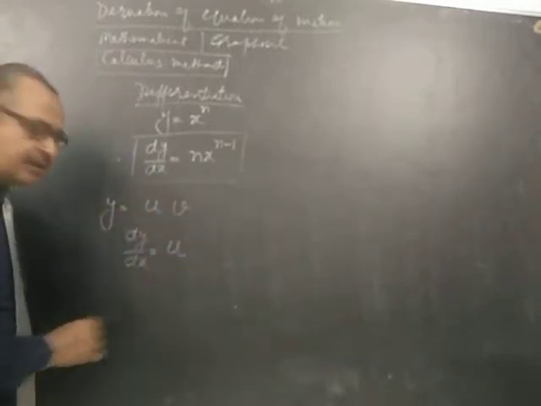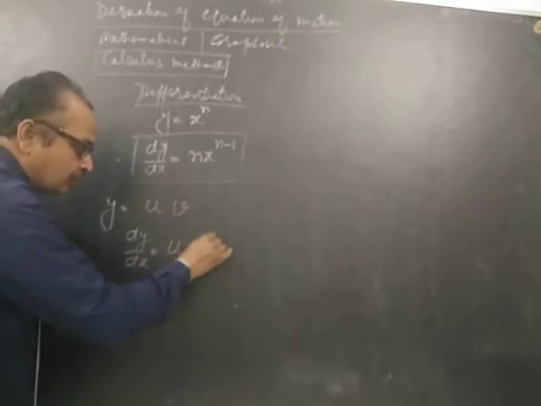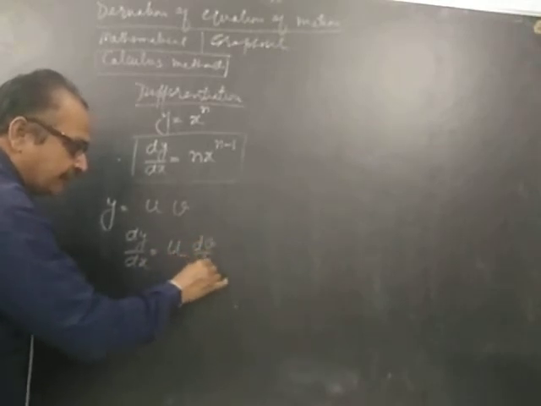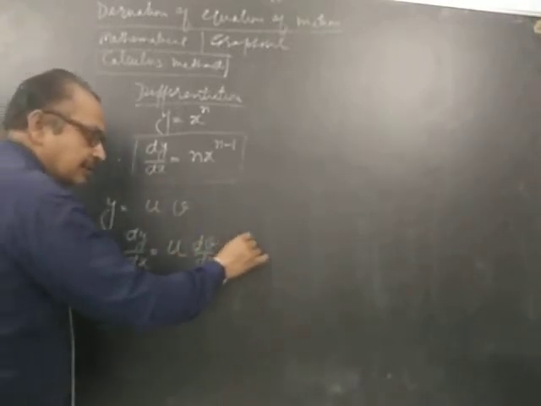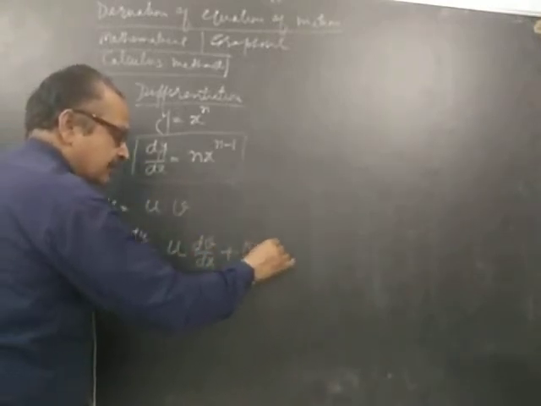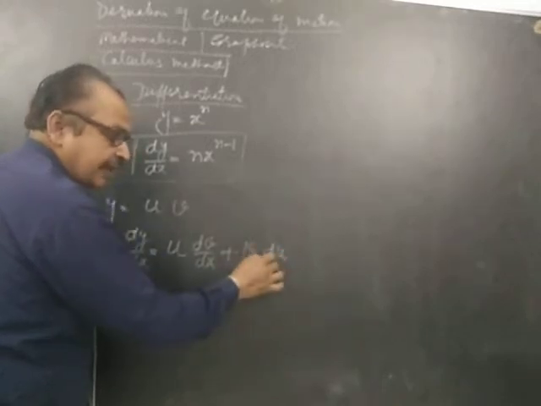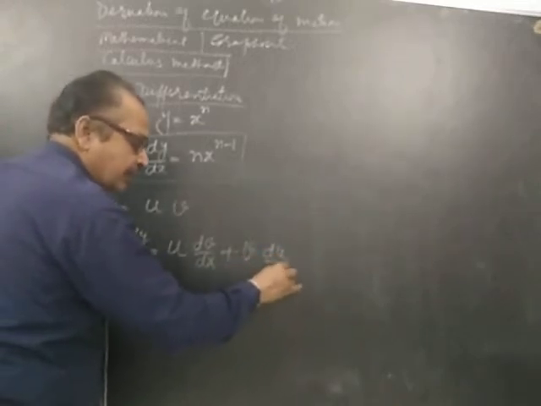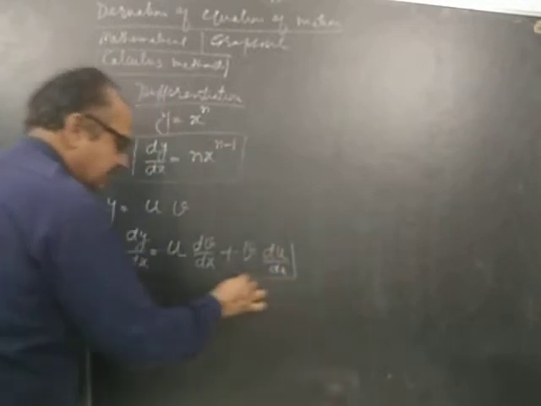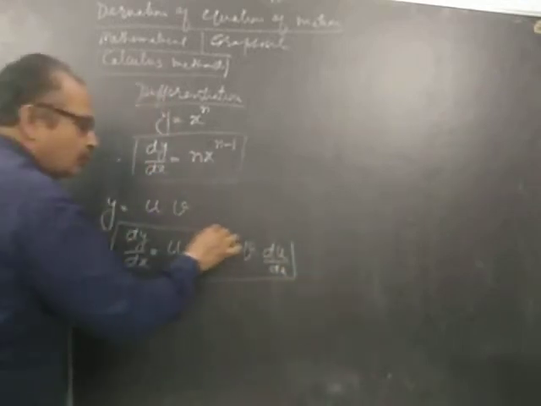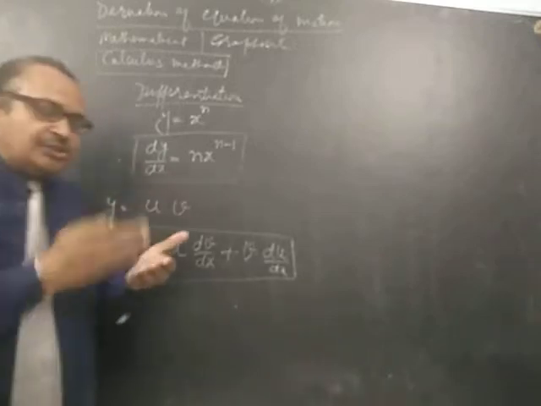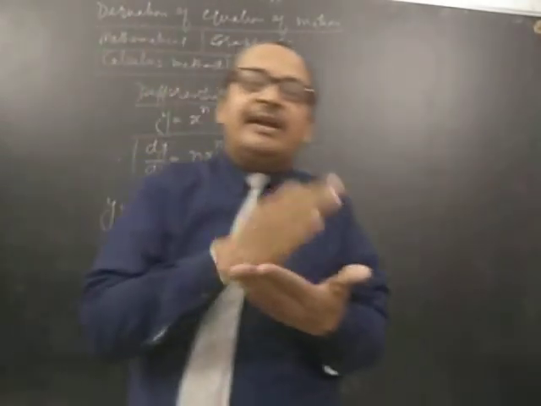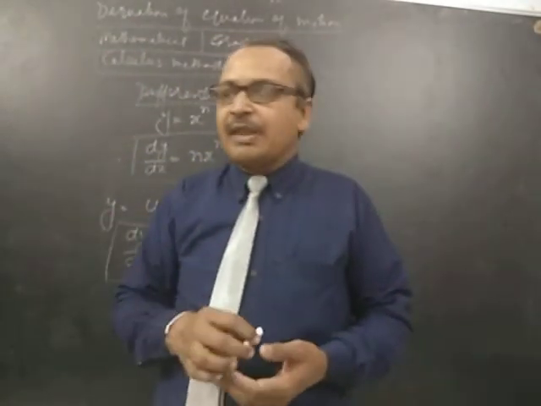The first function into the derivative of the second with respect to x, plus the second function into the derivative of the first with respect to x. So these were the two formulas that we have done in differentiation. Differentiation means to divide it into parts.